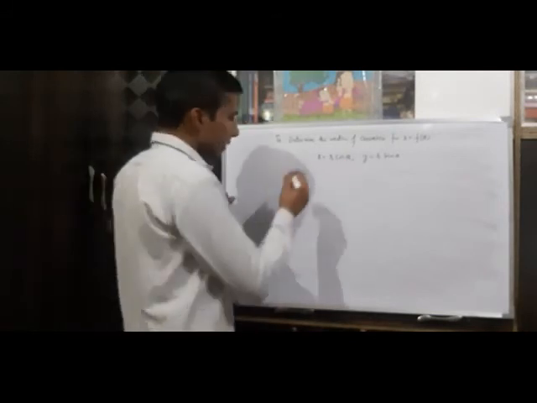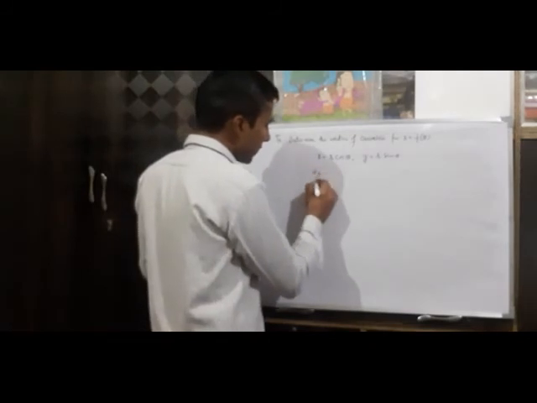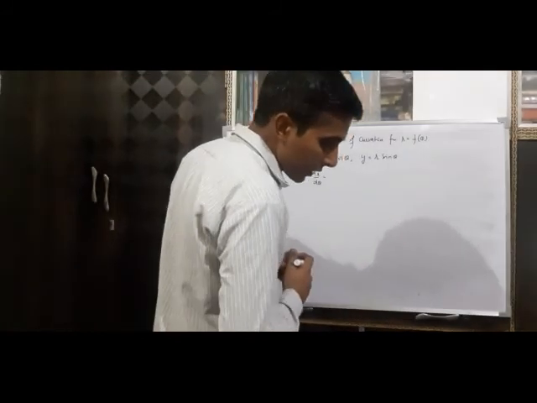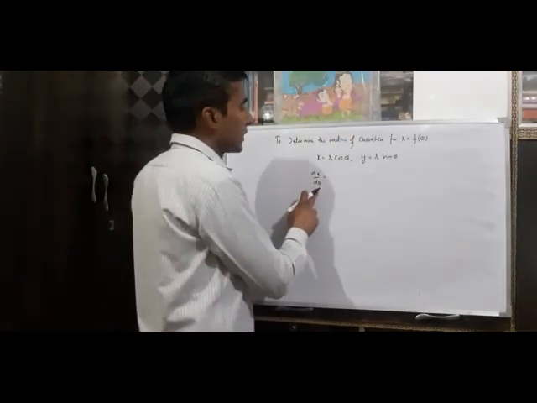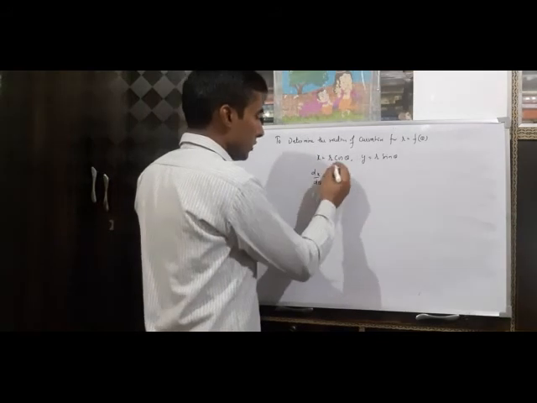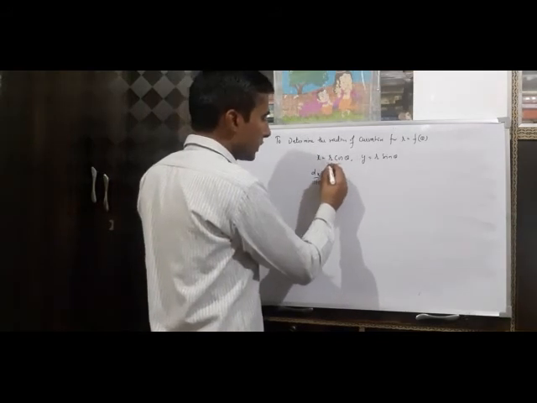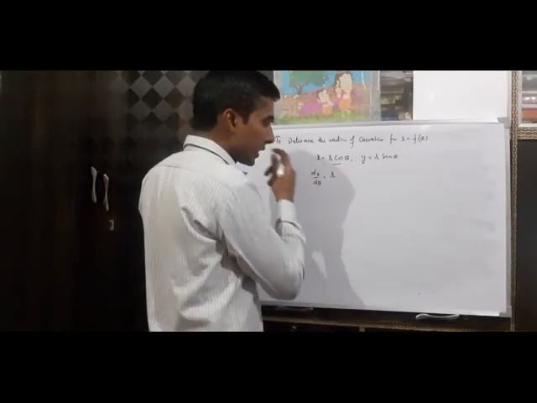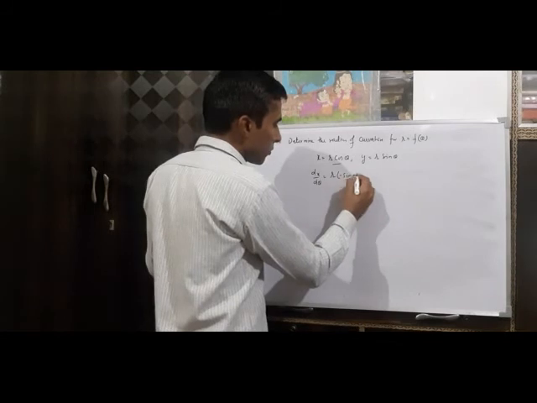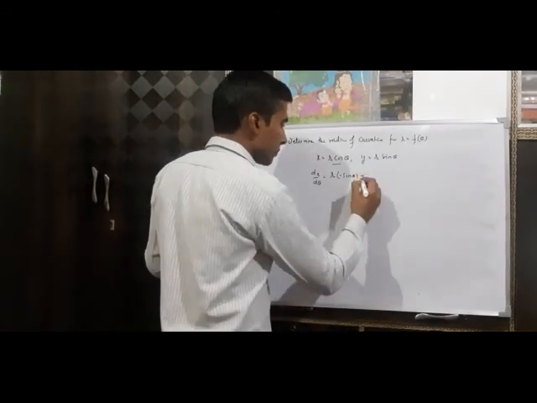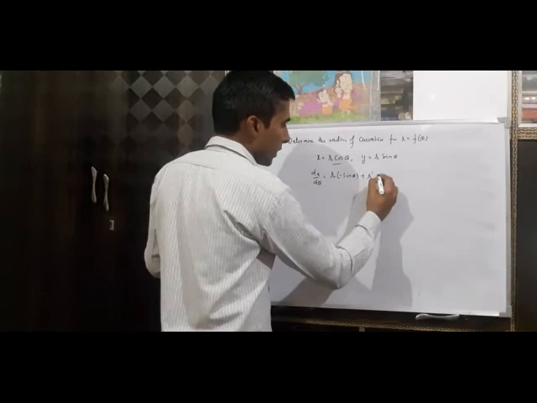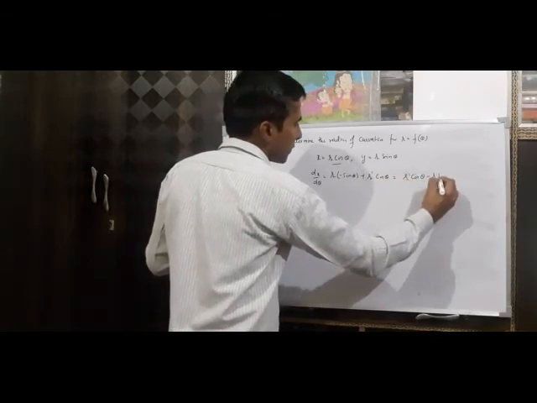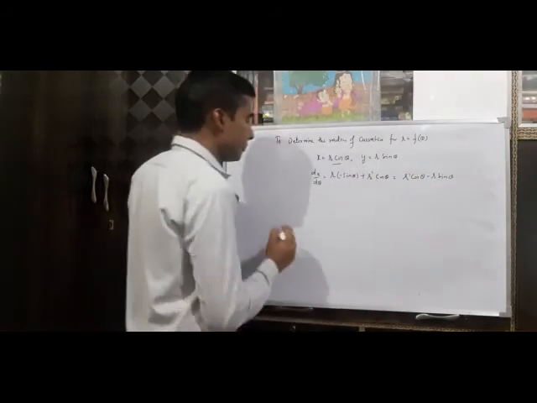So treat this as a parametric curve which depends upon the function theta. If we take dx by d theta, what will we get? When we differentiate, r stays as it is, the derivative of cos theta is minus sin theta, plus the derivative of r, which is r prime, and cos theta as it is. So it can be written as r prime cos theta minus r sin theta.